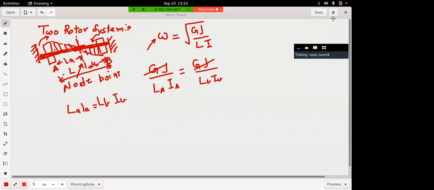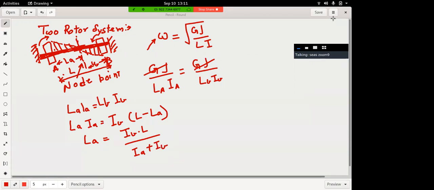And if we want to determine the node point theoretically, we can just write LAIA must be equal to IB, and LB is nothing but L minus LA. So I am just trying to determine the distance of the node from any one end. So LA is actually equal to IB into L divided by IA plus IB.